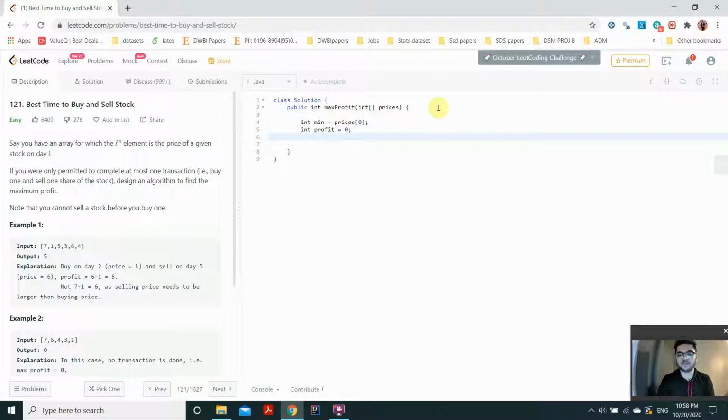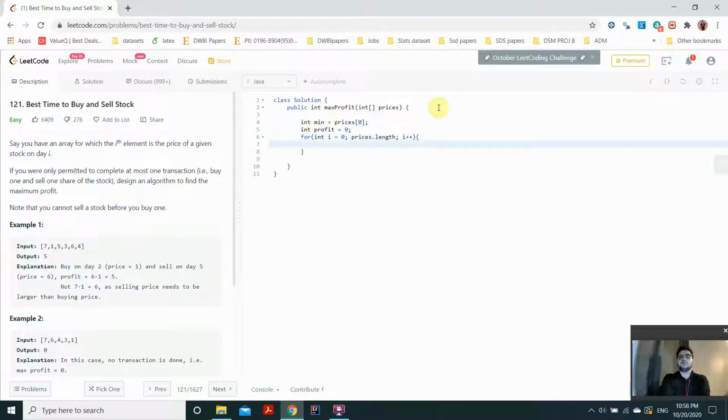Then we'll write a for loop, since we need to iterate through each and every point, going from i equal to 0, taking the length of the prices array and iterating through it.